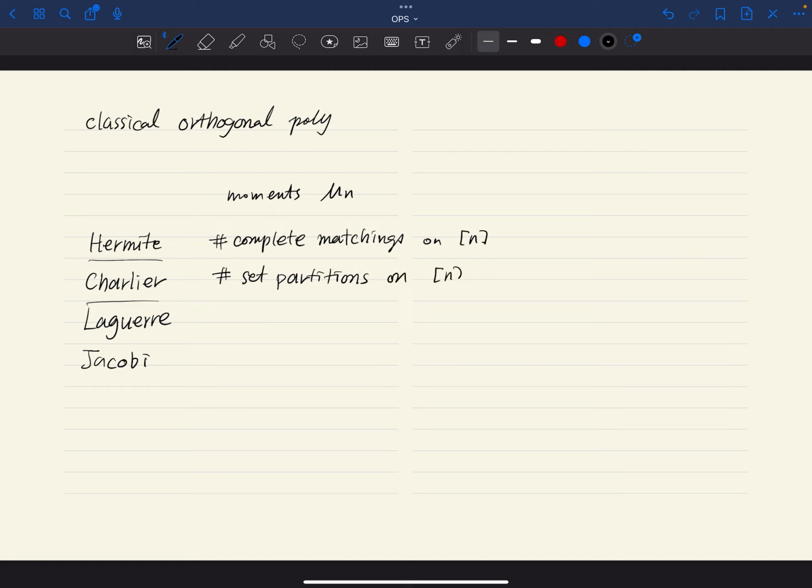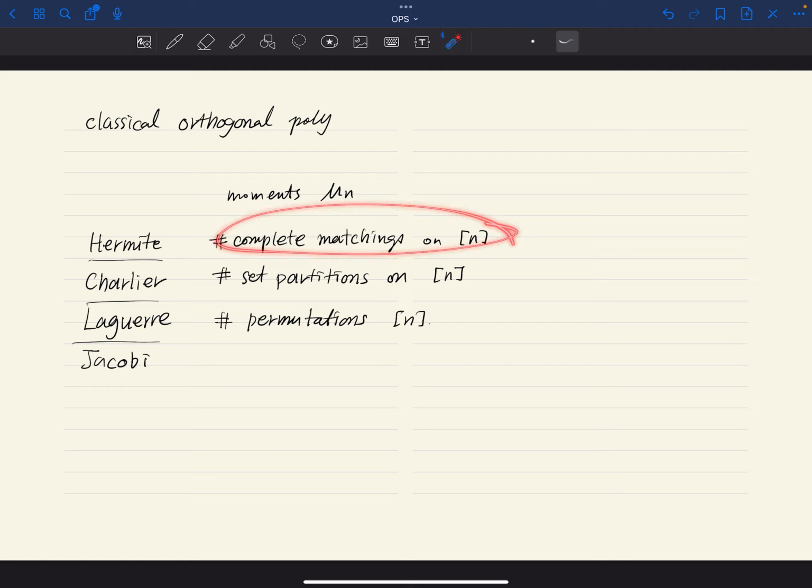And for Laguerre polynomials, it's the number of permutations in this case. So they all have very nice combinatorial numbers. So we will prove this in the next class. Okay, thank you for your attention, and I'll stop here.